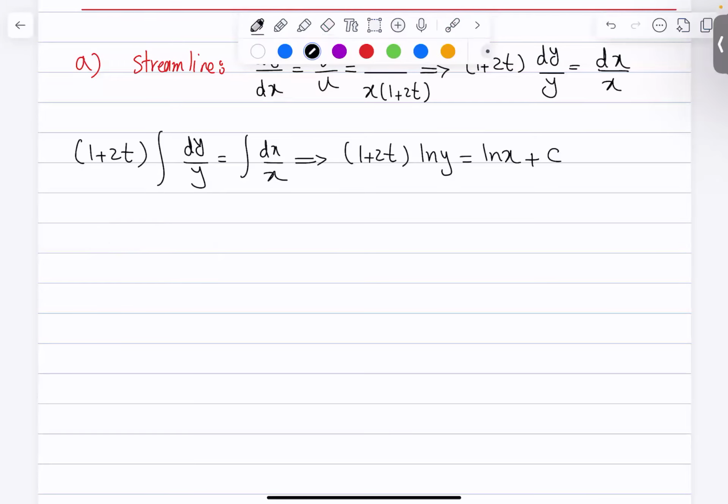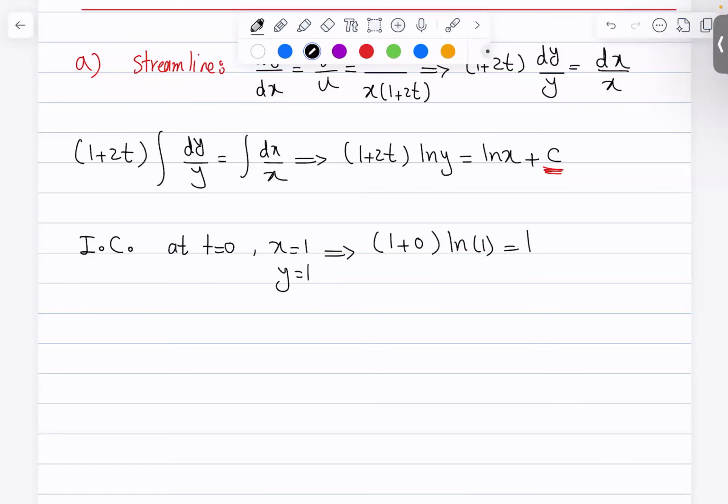And again, how do we find this constant c? That comes from applying our initial condition, which says at t equals 0, x is 1, y is 1. So if we apply that, what do we get? We get (1 plus 2 times 0) times ln 1 is equal to ln 1 plus c.